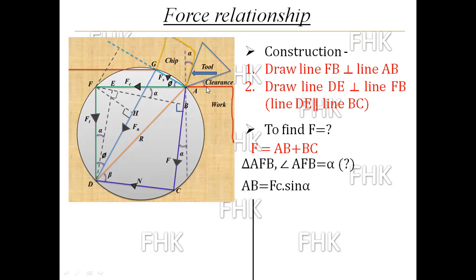Sine alpha is equal to the opposite side AB divided by the hypotenuse. That hypotenuse is AF, which is nothing but FC. So AB will become FC sine alpha. Clear?